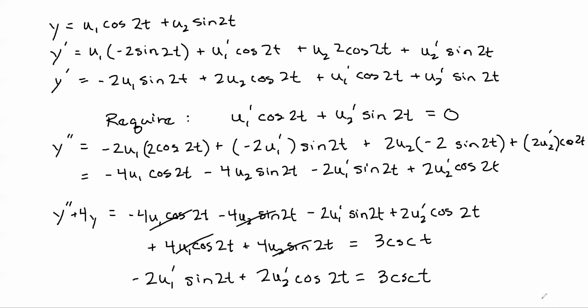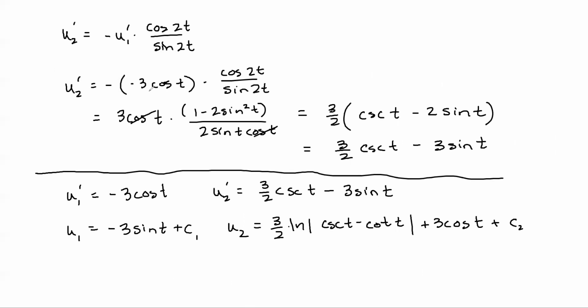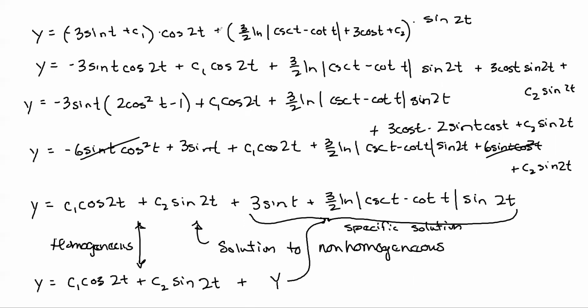Then you can create a system of equations and solve it. And once you've solved the system of equations, you can then integrate. Then you take the solution of your integration and plug it into your guess, and you could do a ton of simplifying. And this right here will be the specific solution.